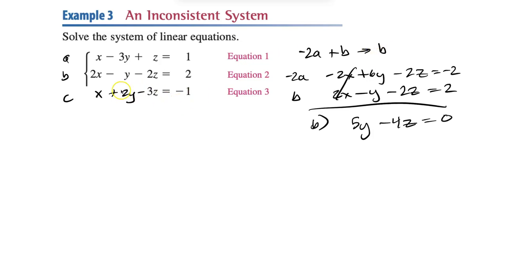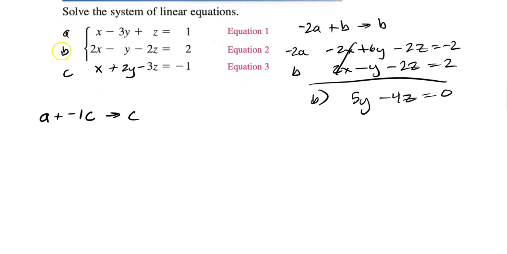Now I want to get rid of another one. Let's use these two to get rid of x in c. I'm going to do a plus -1c and make that my new c. Again, I could do -a plus c. Either way it works; it does not matter. So a is x minus 3y plus z equals 1. And then -1c.